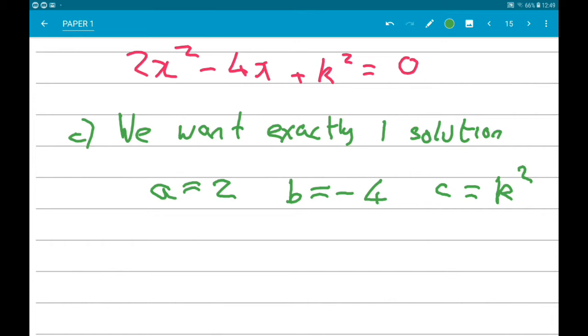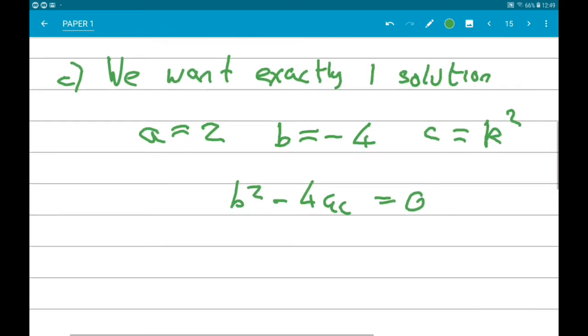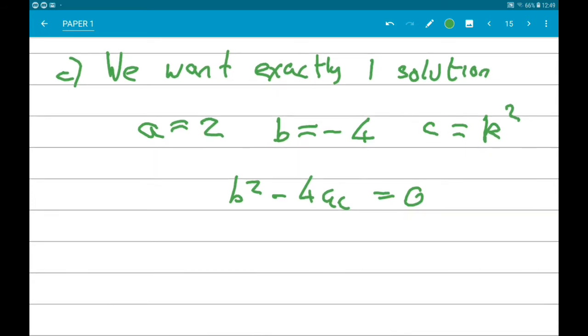So, we have our a, b and c. So b squared is 16. Now minus 4ac is going to be minus 8k squared.